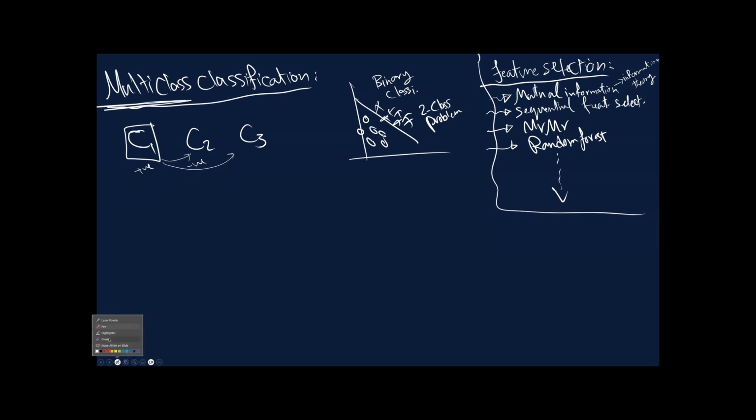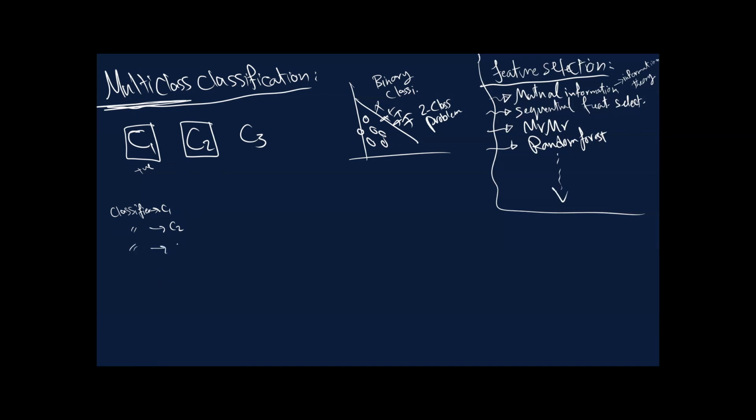And we could have another classifier. So now we had one classifier, okay? A classifier that considered C1 as the positive class. We could have another classifier that considers C2 as positive and C1 and C3 as negative.